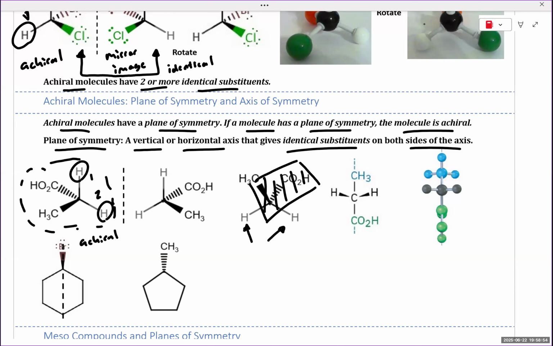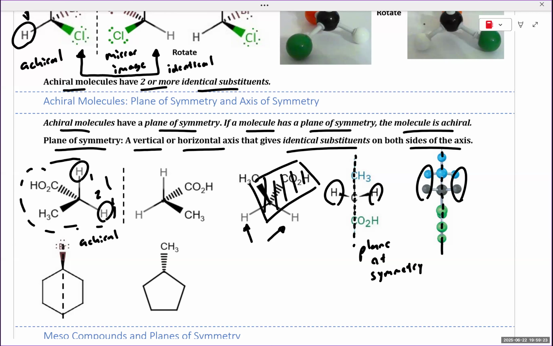So here's the drawing depiction, and here's a model depiction from this top-down view. As you can see, there's a clear plane of symmetry here, where on each side of the plane of symmetry, we have the exact same substituents. So we can see a clear plane of symmetry, and thus we conclude that this molecule is achiral.